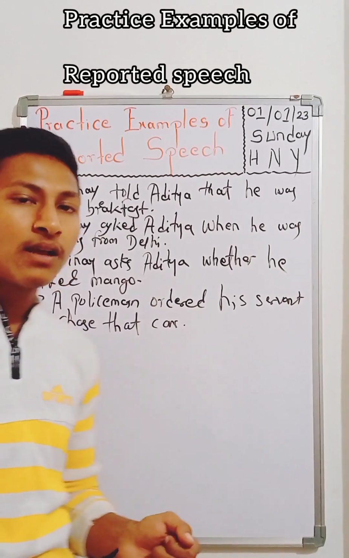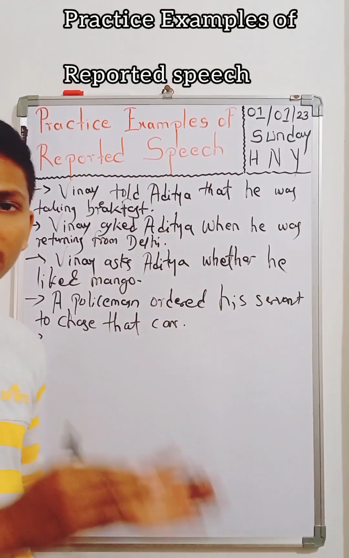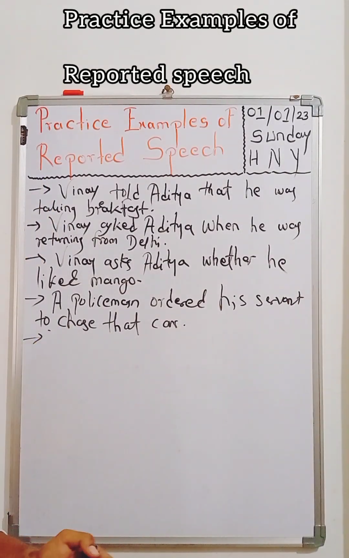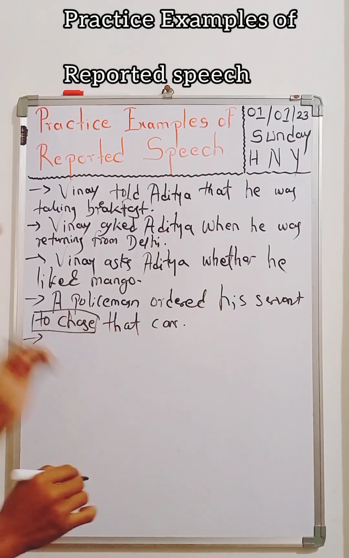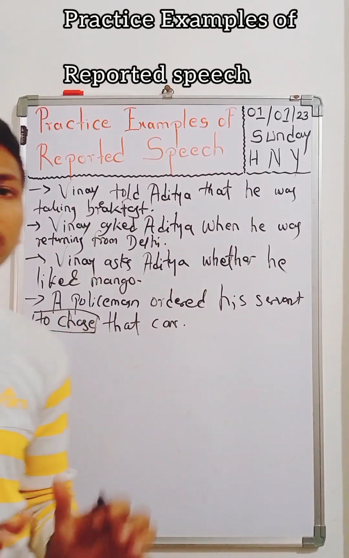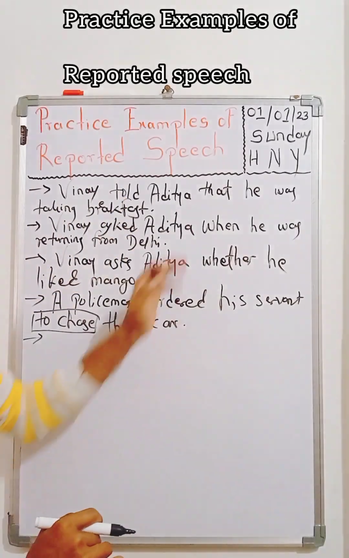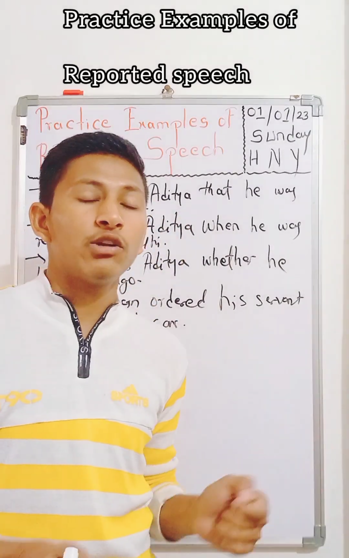In imperative as well you have to introduce conjunctions, like the infinitive. I have written here the infinitive: to chase. To plus verb is called infinitive, so I introduced it here. All the rules I had already told in our previous videos.